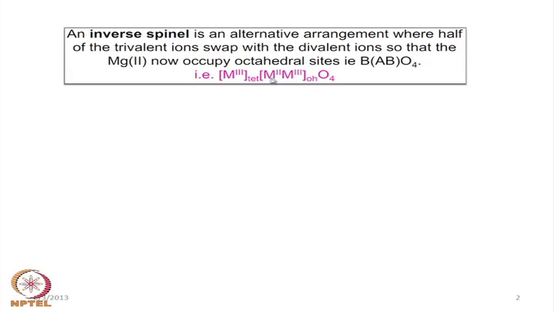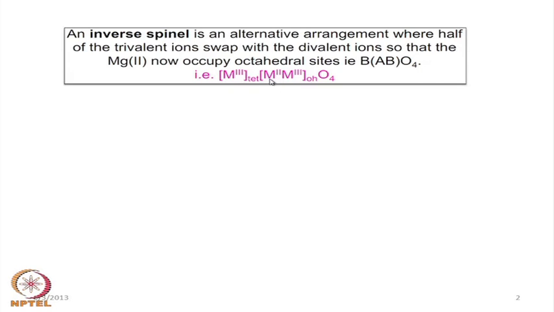This is because by placing this bivalent metal ion, depending upon the electron configuration of the metal ion, we will have more CFSE, that means more crystal field stabilization energy, if we move the bivalent cation from the tetrahedral site to the octahedral site. So, this is due to the preference of stabilization in terms of the crystal field around the bivalent metal ion.